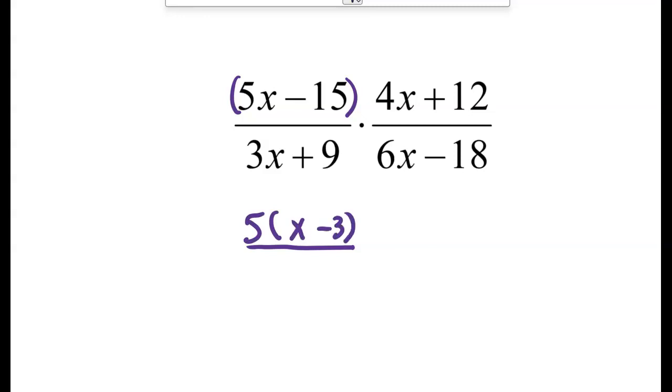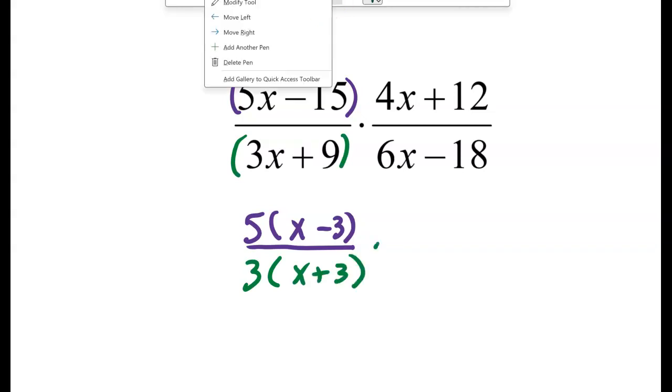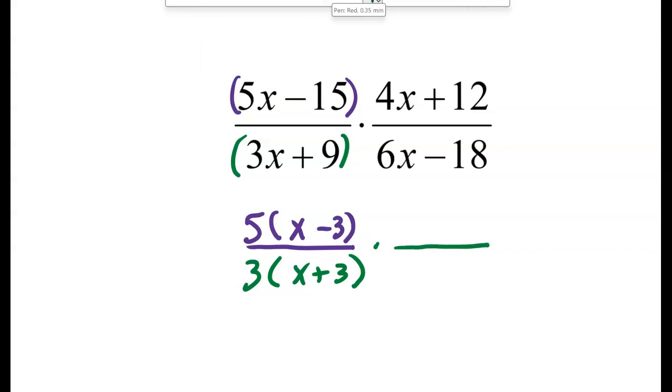Okay, denominator. Can I pull anything out of there? Yeah. So we go 3 times the quantity x plus 3. Okay, we just got the first fraction done. Time for the second fraction. Can I take anything out of 4x plus 12? I can factor out the greatest common factor. So that'd be 4 times the quantity x plus 3.